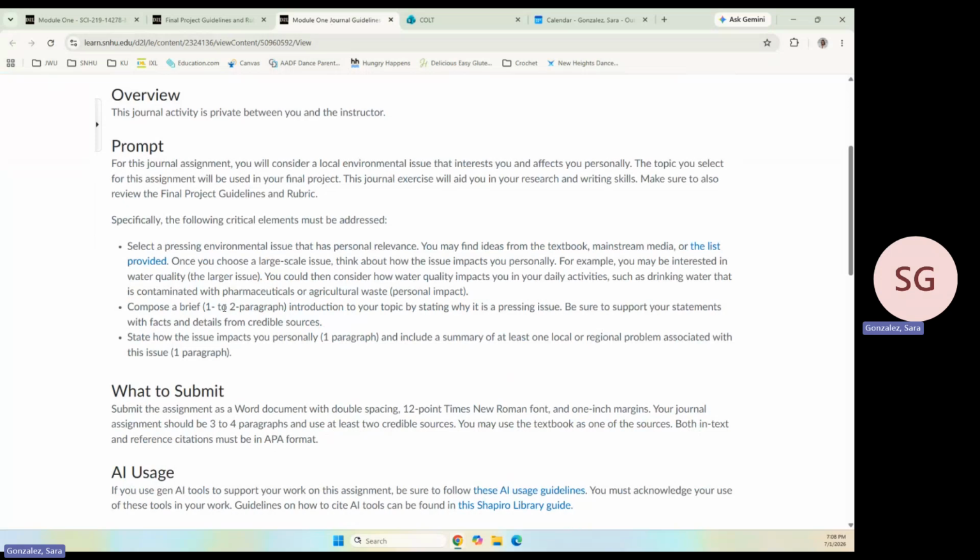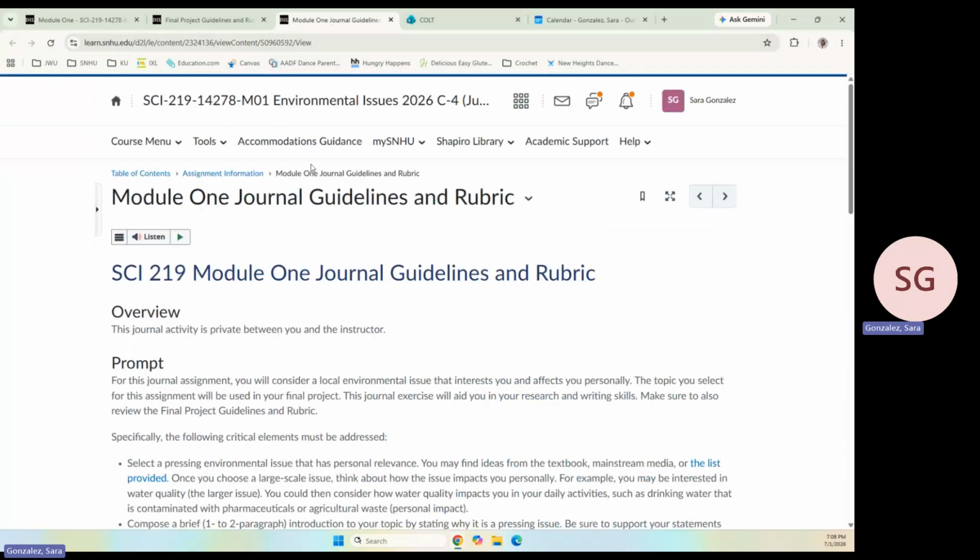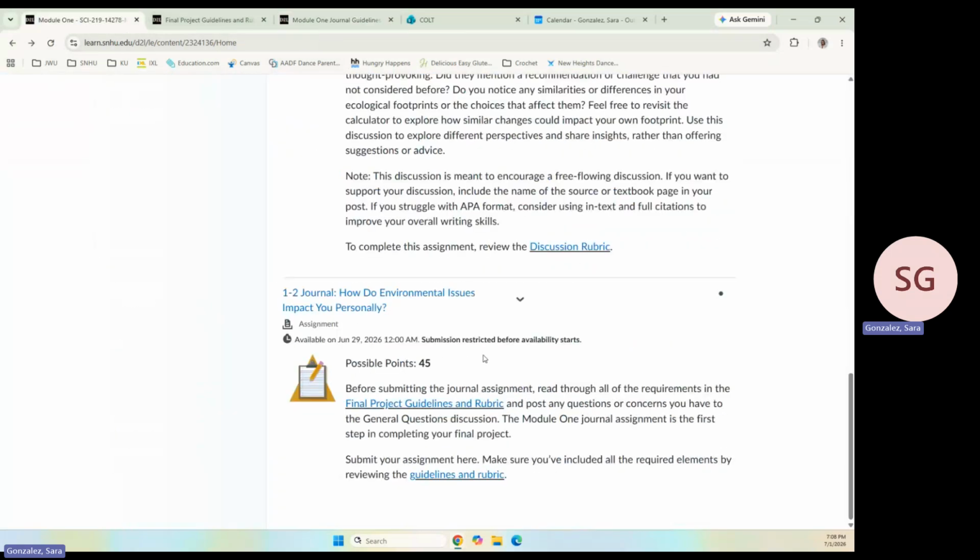You're going to do a 1 to 2 page paper, introduce your topic and discuss why it's important, and make sure you support your information with citations and references, and then 1 paragraph about how this issue impacts you personally. Okay, so these 2 guidelines, the final project rubric guideline and this assignment, are found here.